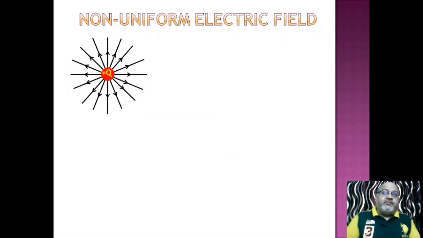Now, non-uniform electric field. See, this is an example of a non-uniform electric field. How? Electric field intensity is a vector quantity having magnitude as well as direction. Now see the points which lie on this electric field line. The electric field intensity at all points is in the same direction.